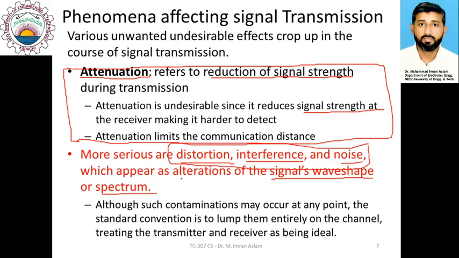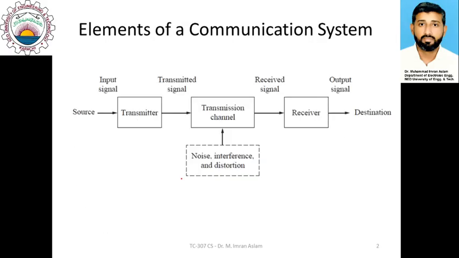One important point that I want to make, and you must have observed from the block diagram as well, is that we have associated the noise, interference, and distortion phenomena with the transmission channel only. So we consider that the noise, interference, and distortion occur in the channel only.